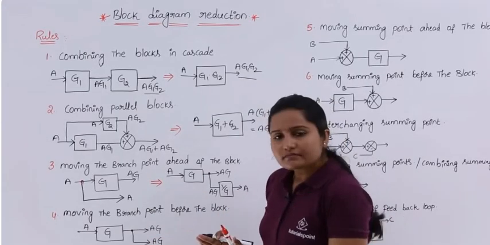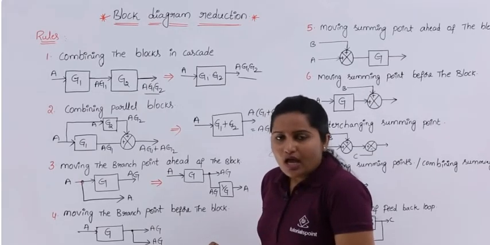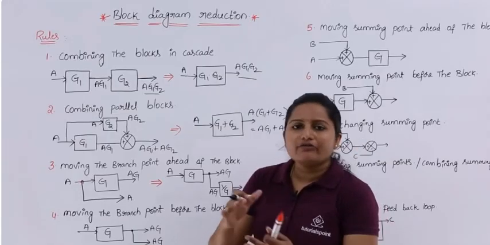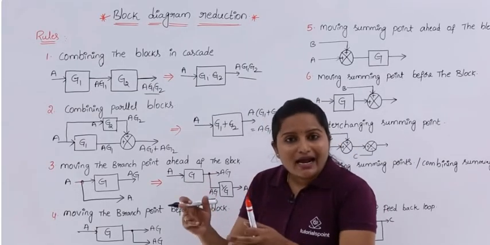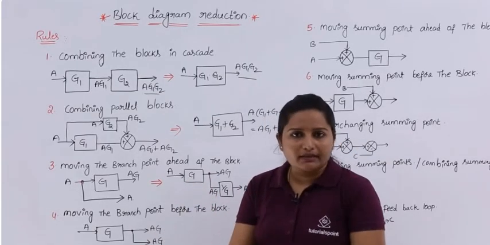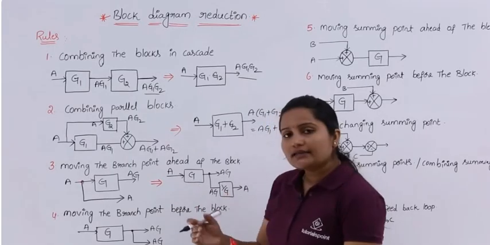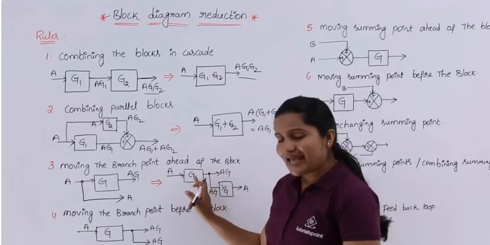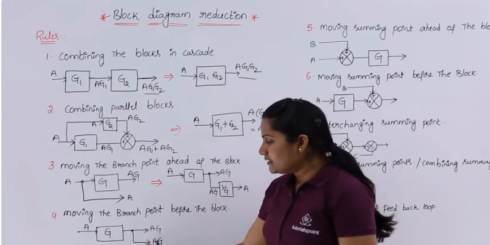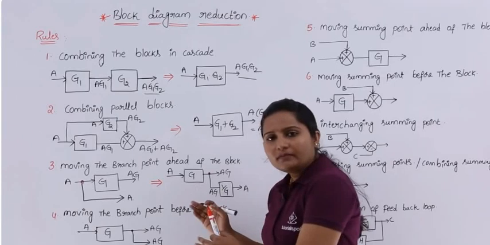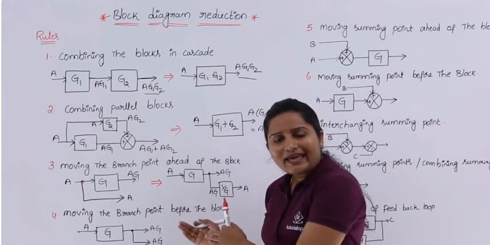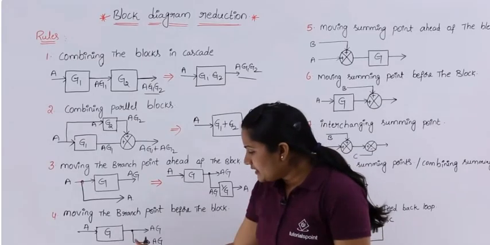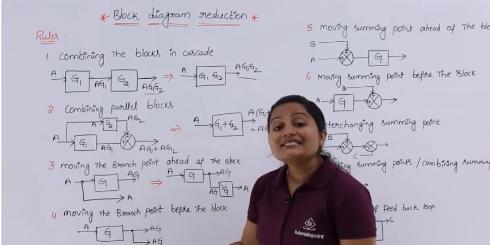So here, as I told you, when you are moving any branch point before and after the blocks, you need to add an extra block in that moving path. So here in the moving path, I added the reverse of that gain, reverse of this actual gain. So here, when you are moving ahead to before, you need to add a block in this path with the same gain.